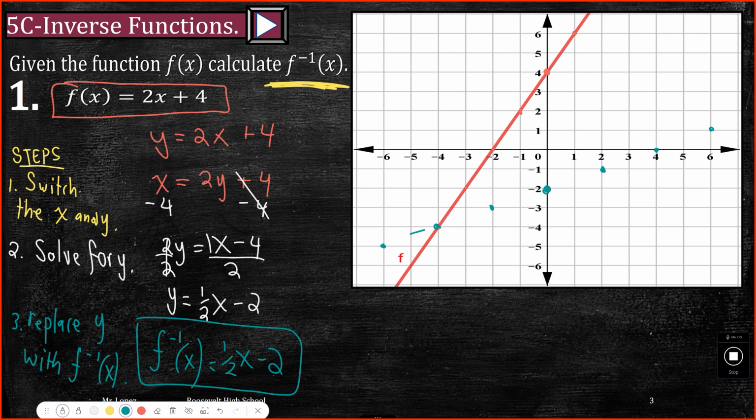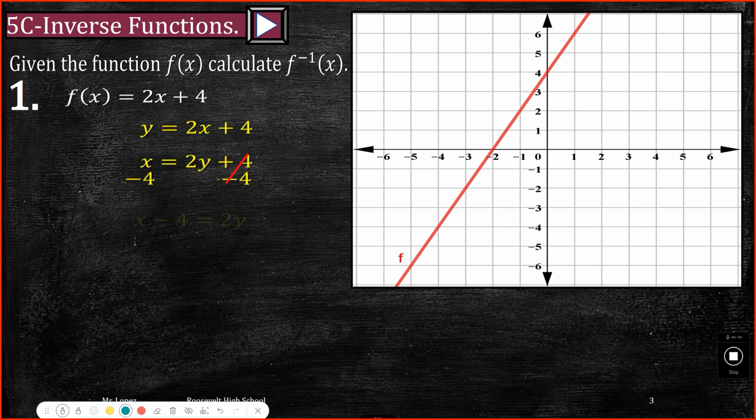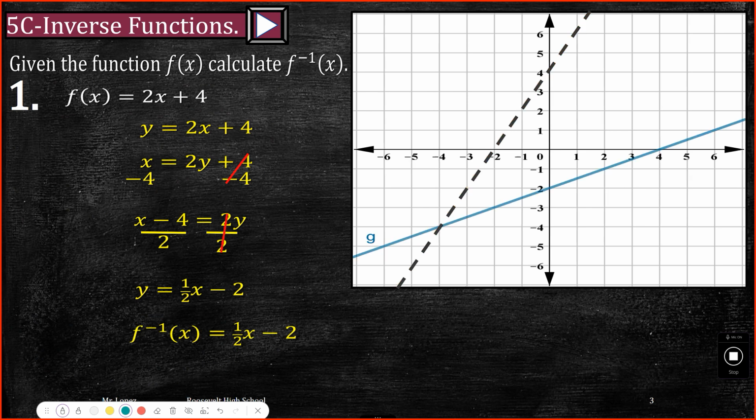Now, look at that. Look at the symmetry.